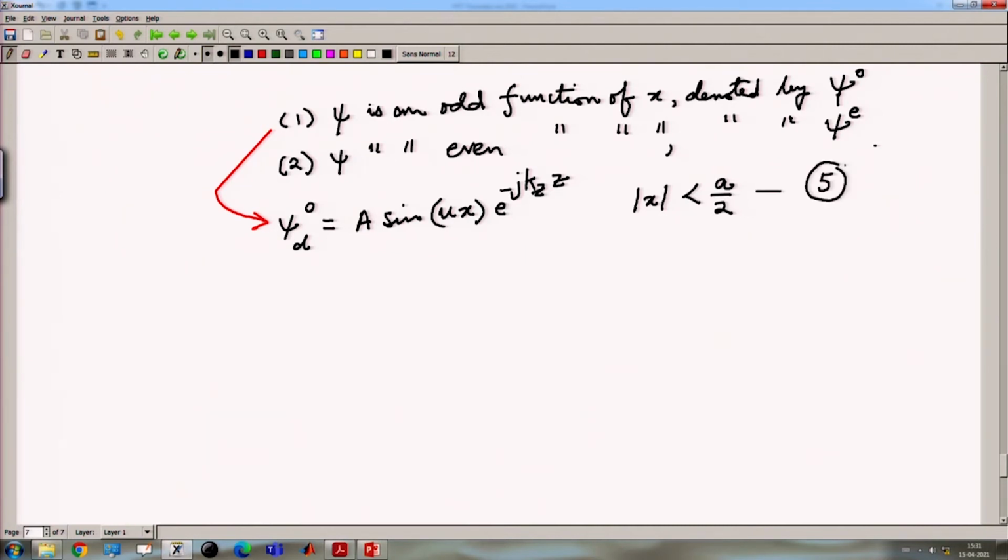So, this is equation 5. You see this is an odd distribution, an odd function of x.